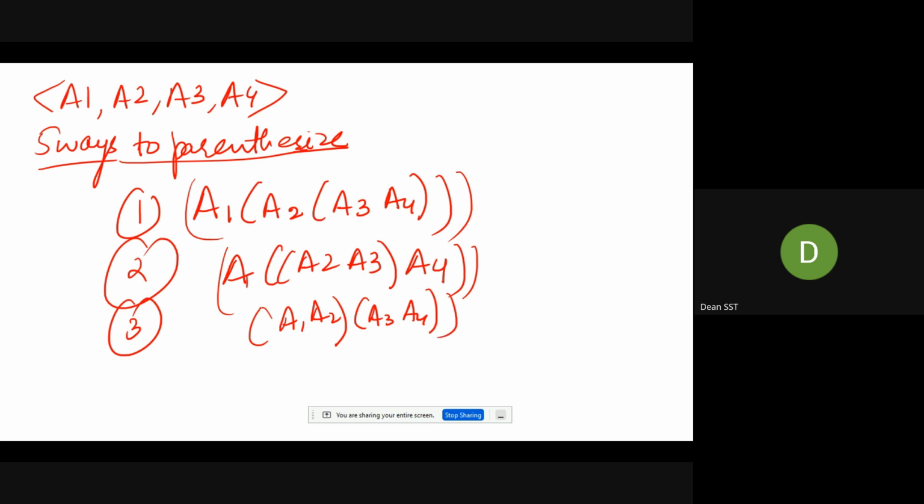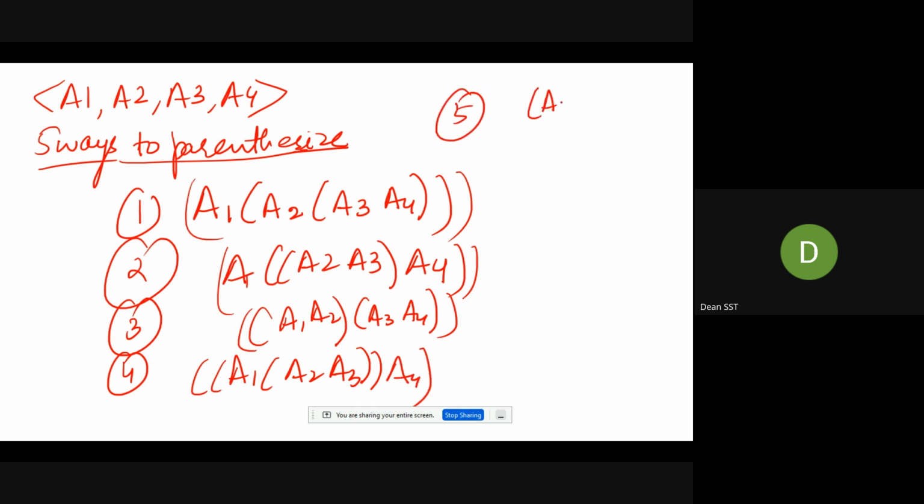We can do this way also. Fourth, we can do A1, then product of A2, A3, then A4. Or we can do A1, A2, A3, then A4. So these are the possible combinations.